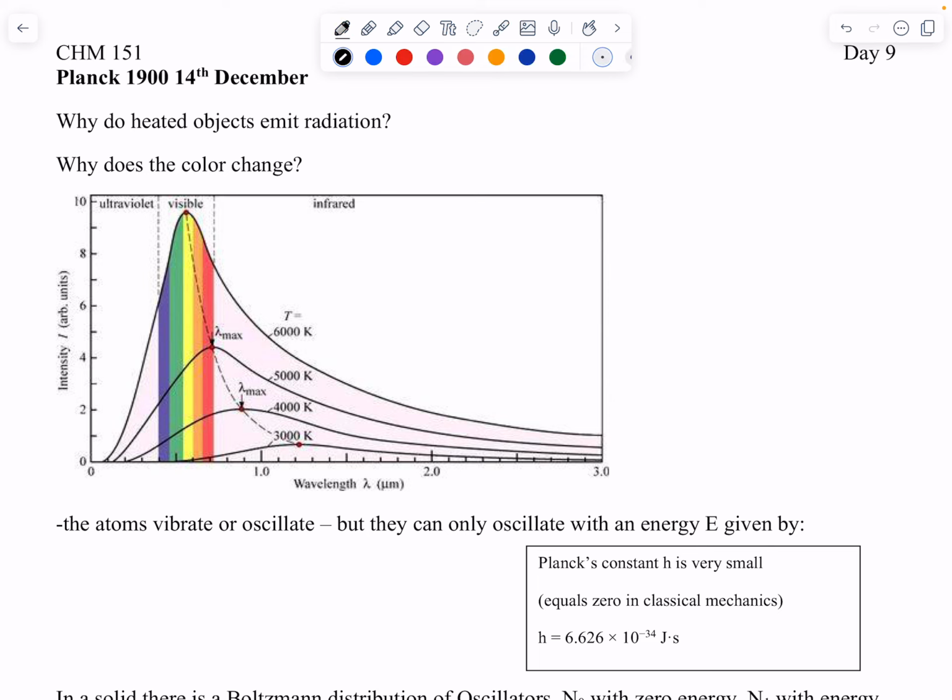What is a black body? So a black body, right, is a body that absorbs all of the light or electromagnetic radiation that falls on it.